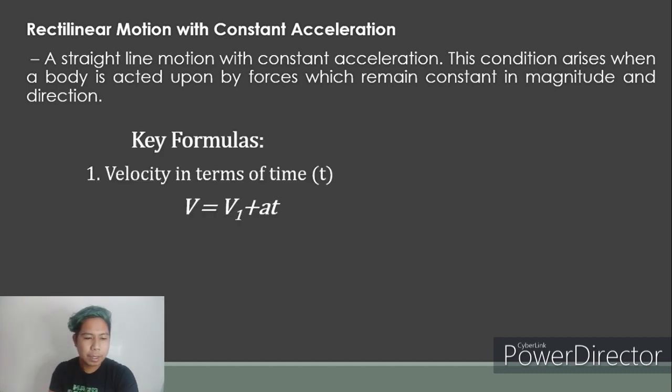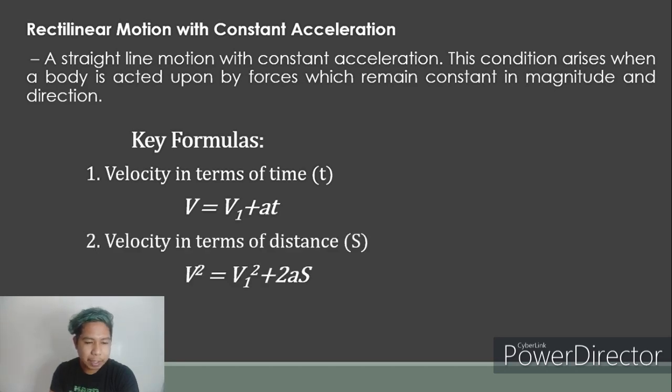Number 1, we have the velocity in terms of time wherein v is equals to v1 plus at. Number 2, velocity in terms of distance wherein v squared is equals to v1 squared plus 2as. And number 3, distance in terms of time wherein s is equals to v1t plus 1/2 at squared.